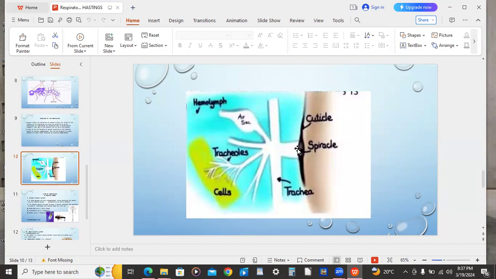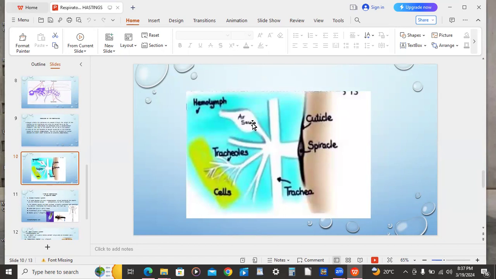Air, or oxygen, in this case oxygen, enters through the spiracles, from the spiracle into the main branch, which is the trachea, and from the main branch into the ramified small branches called the tracheoles. From the tracheoles finally into the targeted cells of an insect.